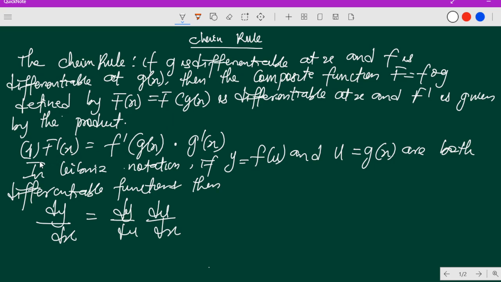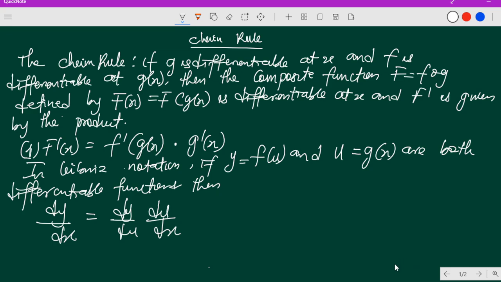I am going to use both methods to solve it: the Leibniz notation and the normal composite function formula. You first differentiate the outer function f, leaving the inner g of x, then you differentiate the g of x. What is g of x and what is f of x?